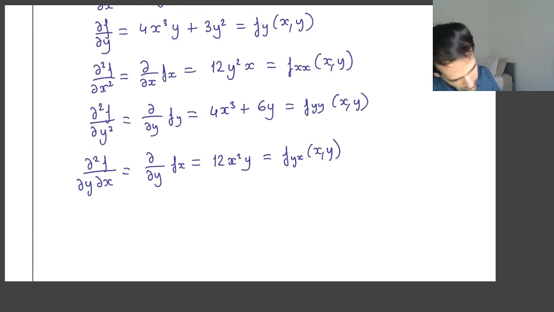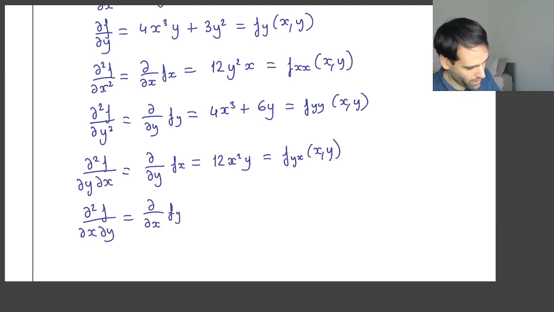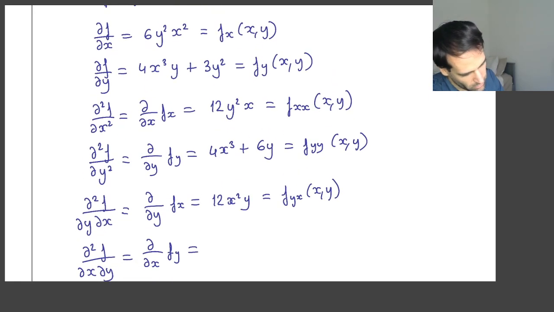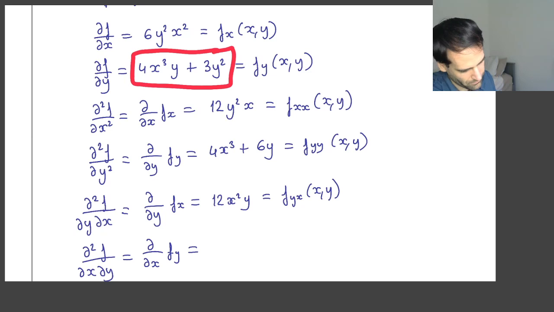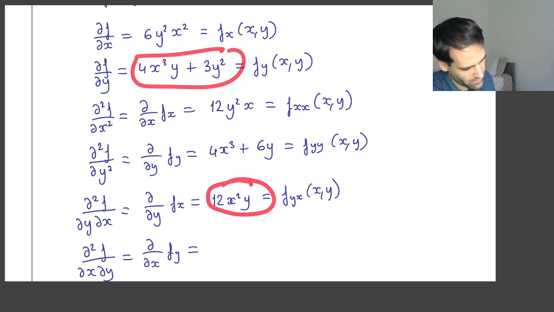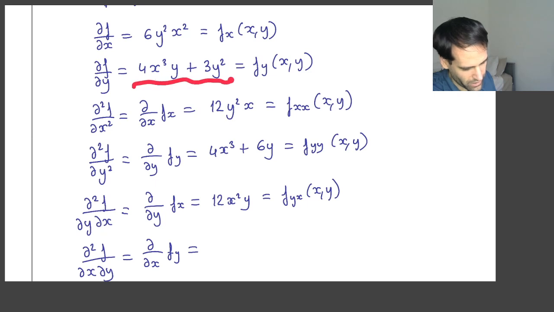And finally, the second order partial derivative with respect to x and with respect to y, that's the partial derivative with respect to x of f y, which is equal to the partial derivative with respect to x of this function here. So will we get the same result? It's a bit mysterious, right? Because we have 2 terms, we have to do the partial with respect to x.